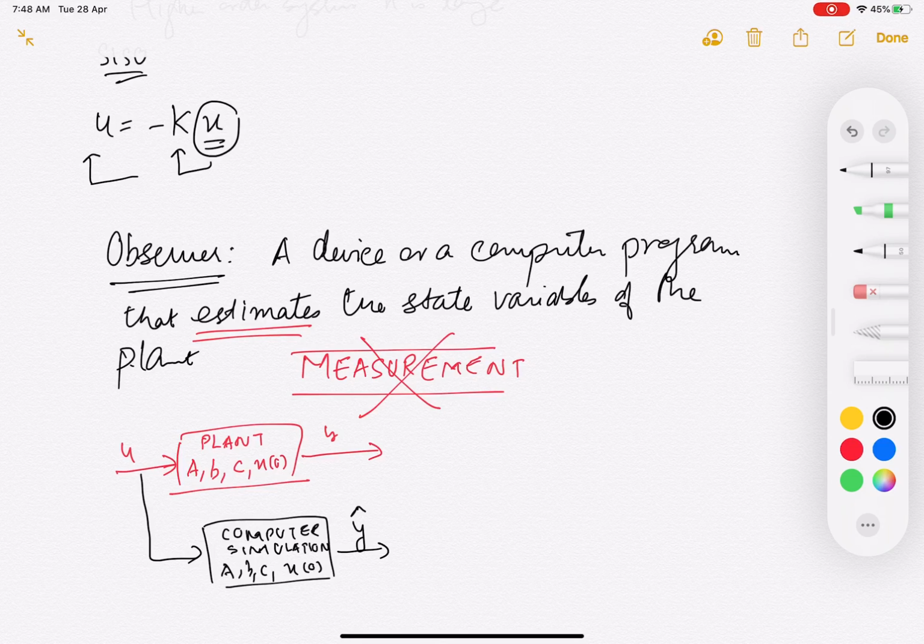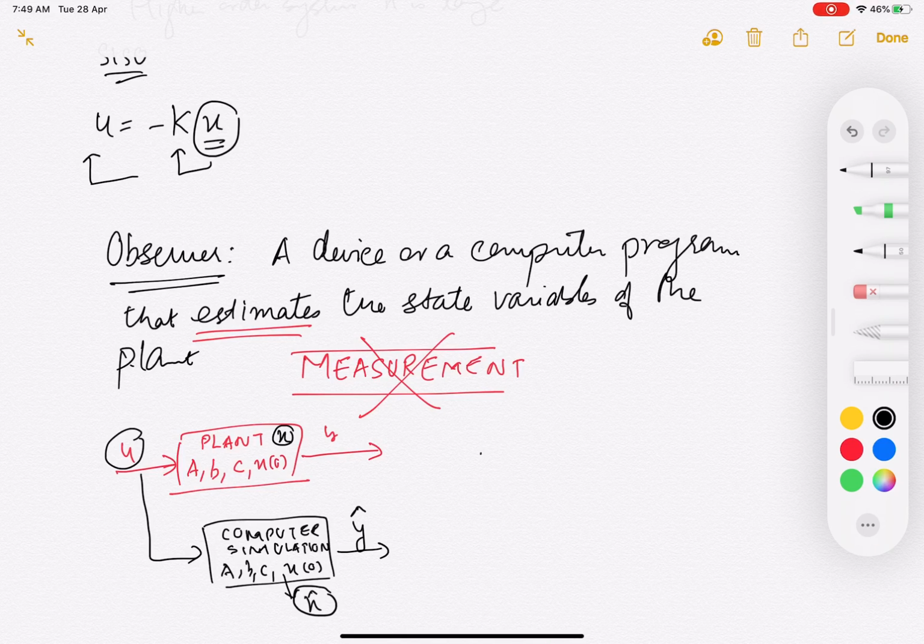Basically you have the information of all the states inside this. We call them X hat, right? And as your plant responds to this input and the state variables X change, similarly your computer simulation would respond to the input and the states X hat would change.